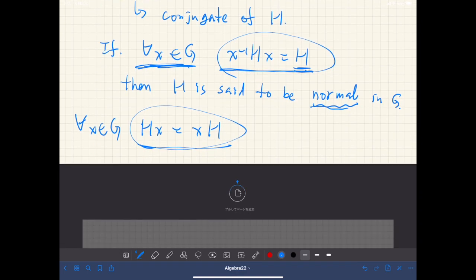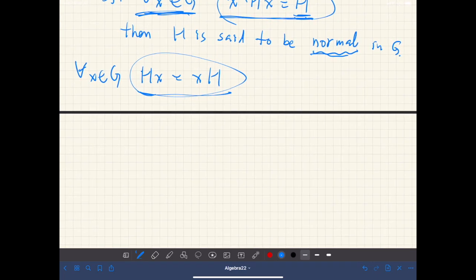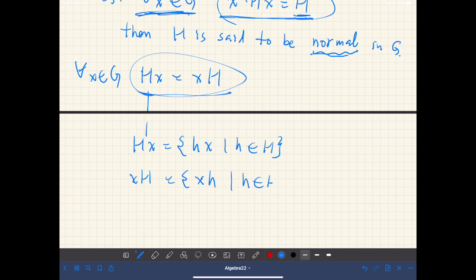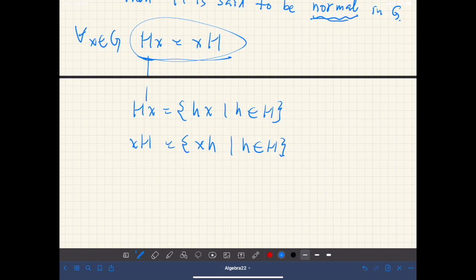What this means is that elements of Hx can be expressed as H times X, where H is in H, and xH is a set like X times H, where H is an element of H, right? But it doesn't mean we have Hx is equal to xH for some H in H. So this is not the case here.